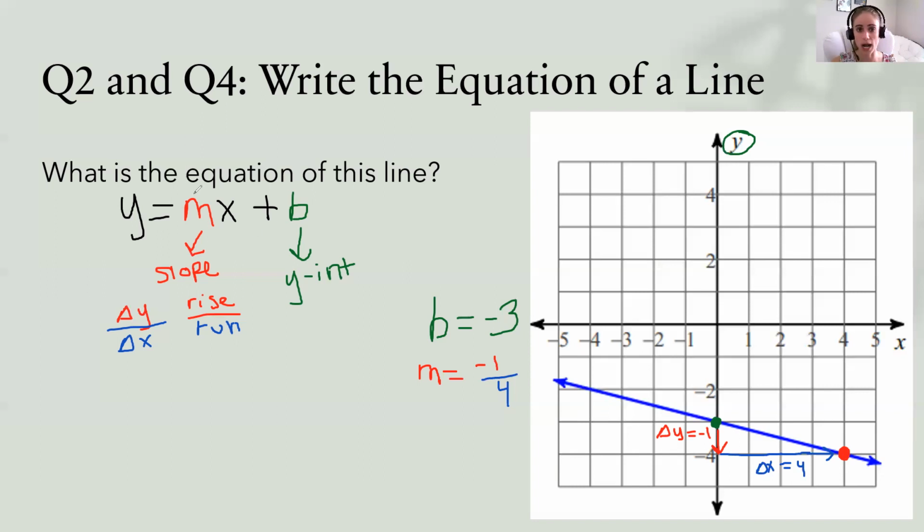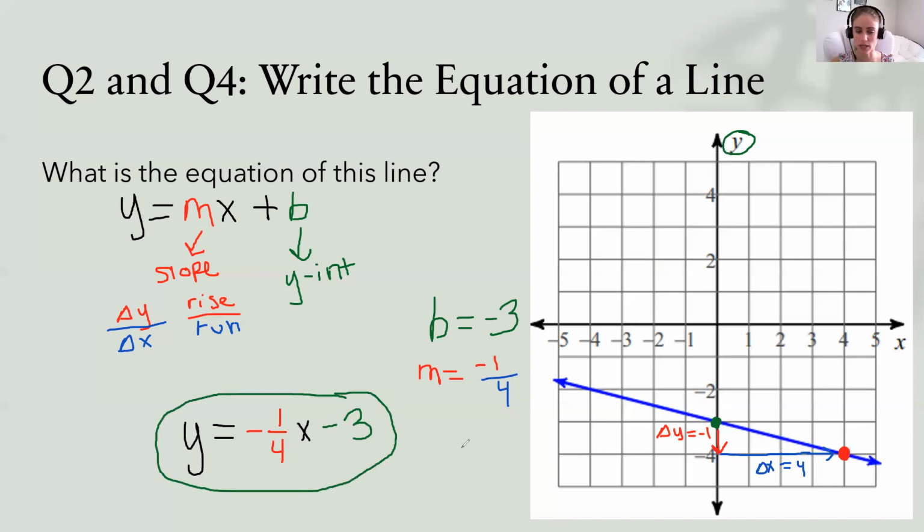Our equation, y equals mx plus b. y equals m, the slope of this line is -1/4, x, in this case, our y-intercept is -3. You can either write plus a -3 or you can simply write -3. And there we have an equation that matches this line.